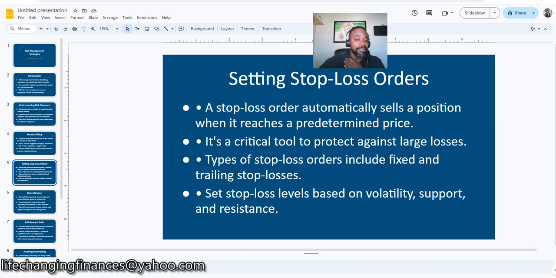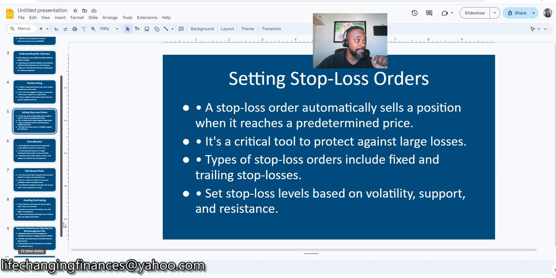But for me, if I'm going to do something like that, I'm going to sit and watch, and I'll be the person that controls that, not necessarily algorithmically. Okay, so you set stop loss levels based on volatility, support, and resistance. We've already covered that.